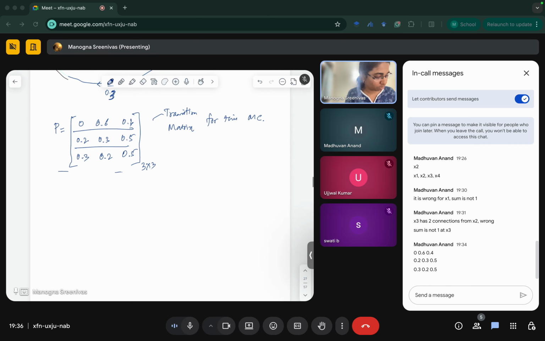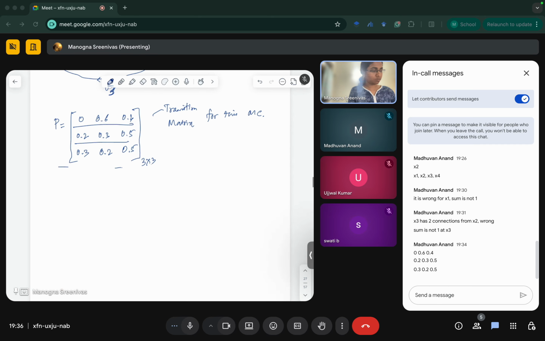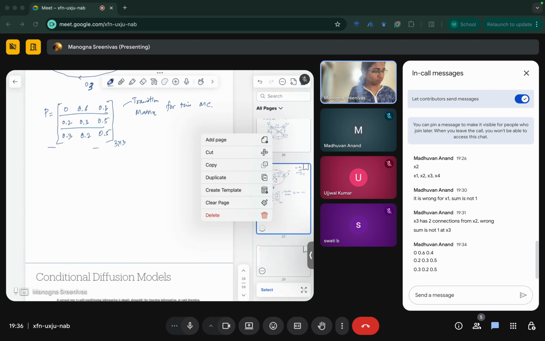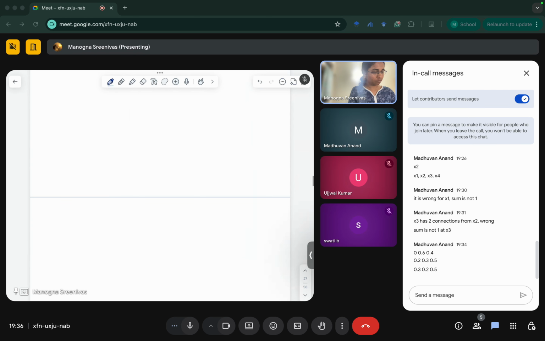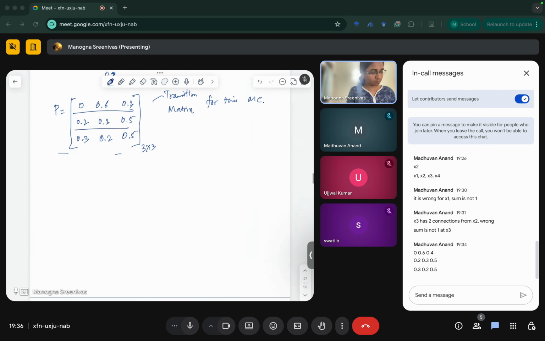Okay, and this question seems nice. So suppose my initial data point is x naught, which is equal to 3, and I've set the parameter alpha fixed for all time steps.